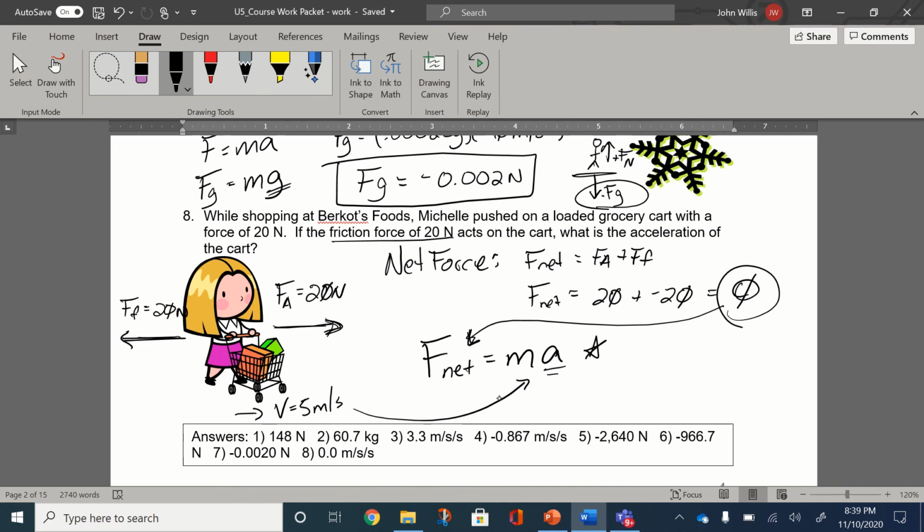So all a 0 net force tells you is that there is 0 acceleration, and then that tells you that the object doesn't change its motion.